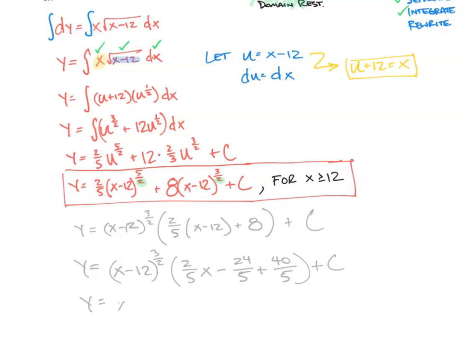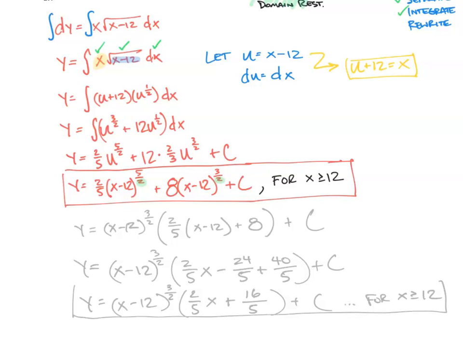Cleaning this up, we might write it like this: x minus 12 to the 3/2 times 2/5 x plus 16/5, all plus some constant for x greater than or equal to 12. And again, folks, this process of factoring out a GCF and then rewriting is not necessary. But if you're looking in WebAssign at the practice another version, you might see that they did that.